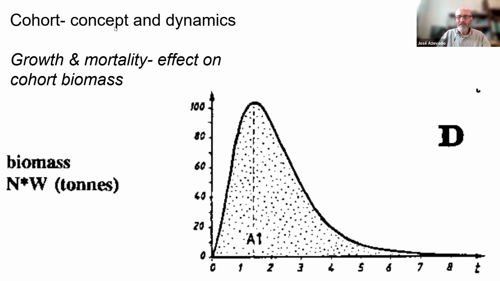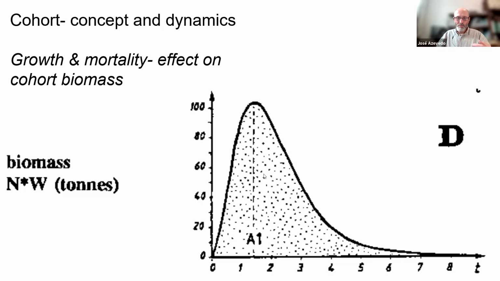The biomass as a function of time increases up to a certain point and then decreases, because although the animals may still be growing, their numbers are constantly declining, and they're declining exponentially. And therefore the cohort biomass decreases. And this is important for fisheries, right?